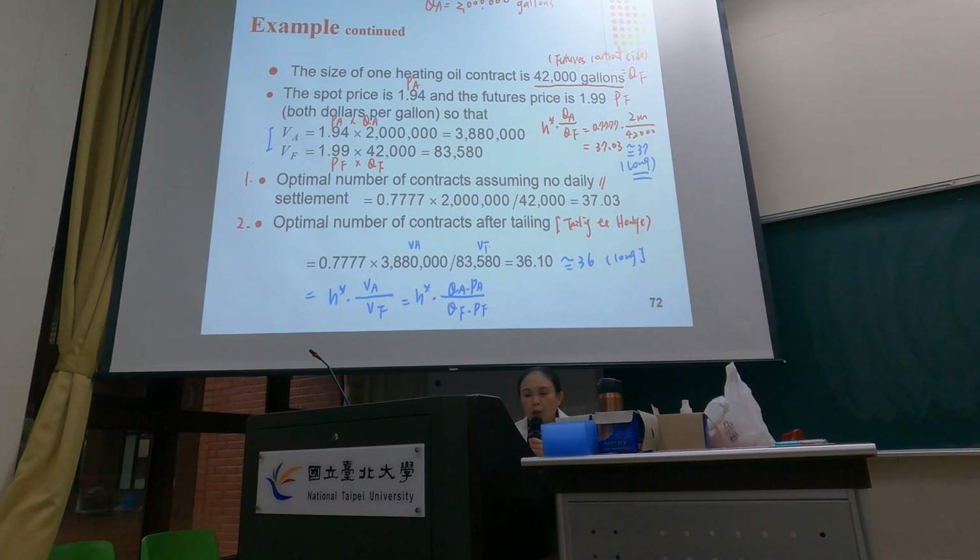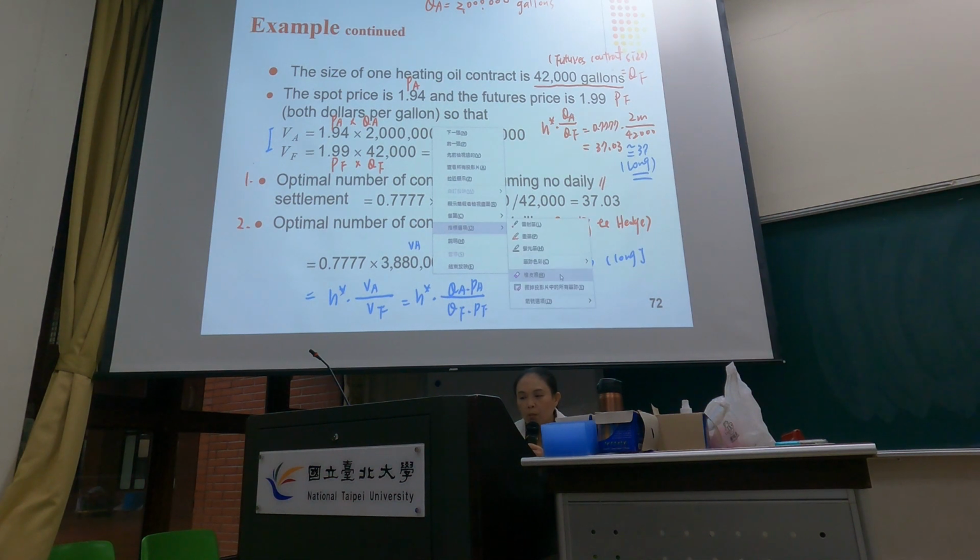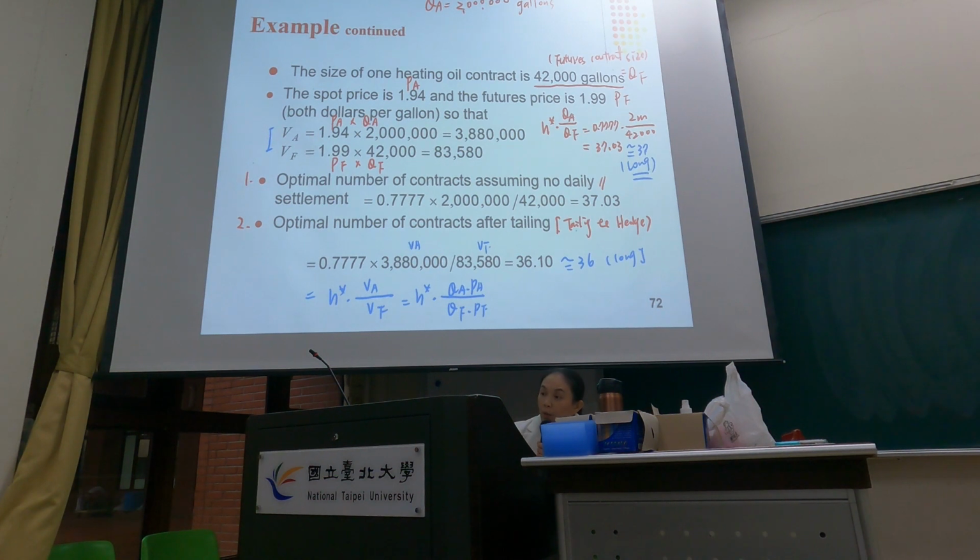But if you combine the two together, maybe you'll come to a conclusion. They are both close to 37, right? One is 36 something, one is 37.03. So maybe long 37 is safer. So 1 and 2 help us verify which number is better. Can you guys follow me? So that's the tailing the hedge. Remember, yeah?